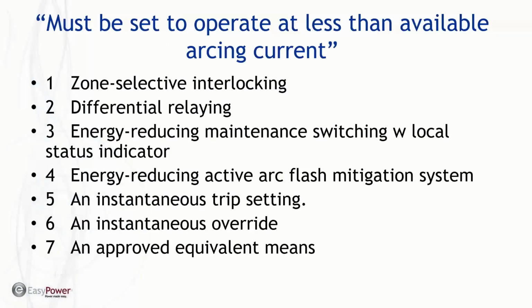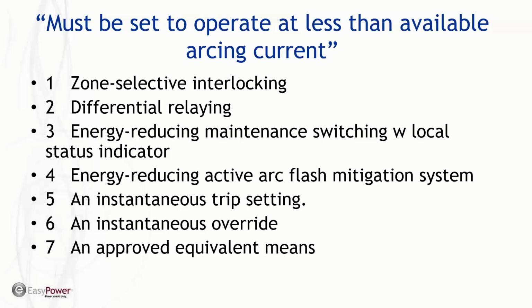Now, the instruction is that it must be set to operate at less than the available arcing current. The definition of available arcing current includes a maximum setting, but as we saw in that first example, reduced arcing current could be a more restrictive data point in terms of instant energy.